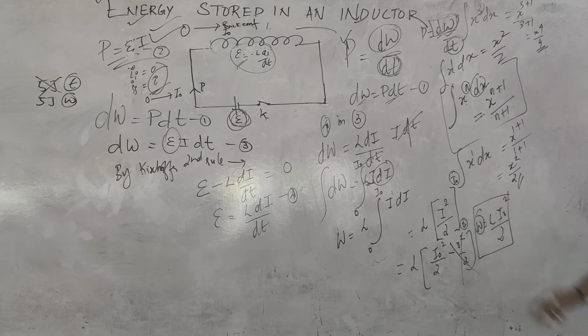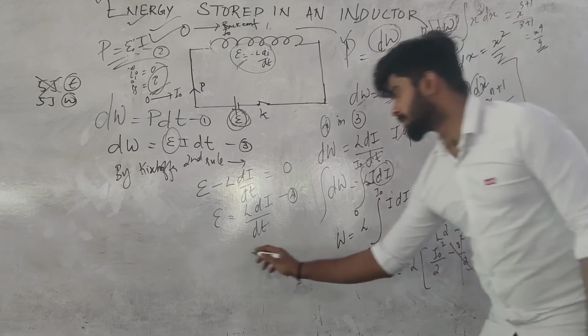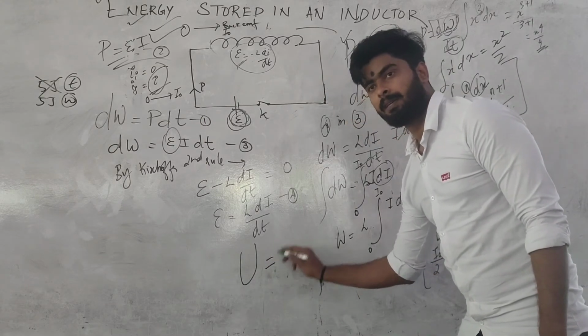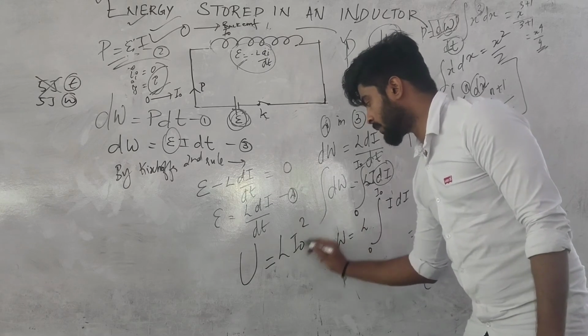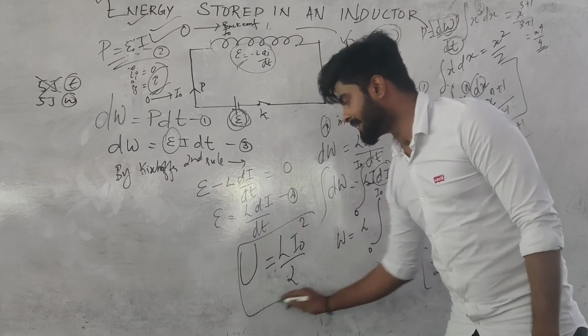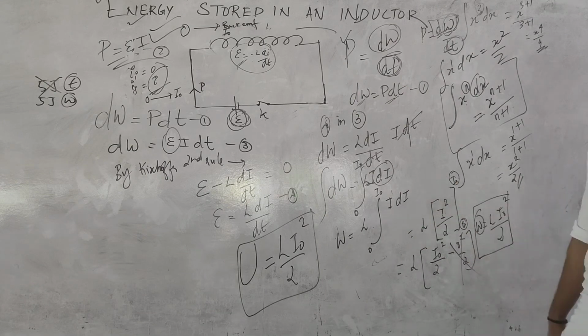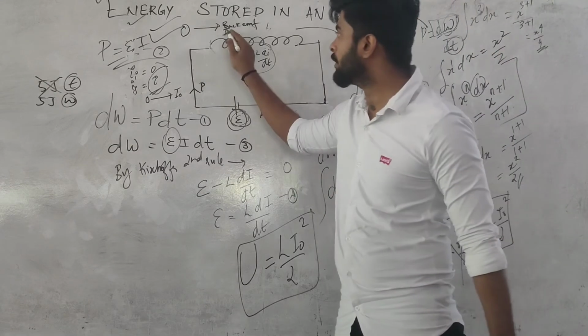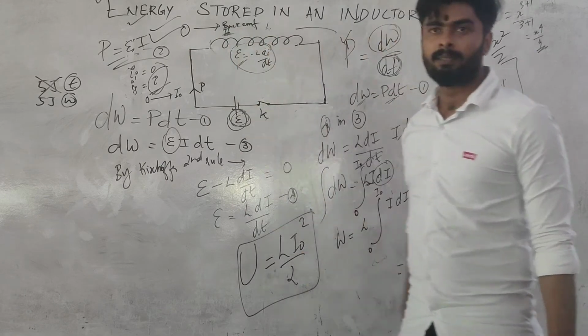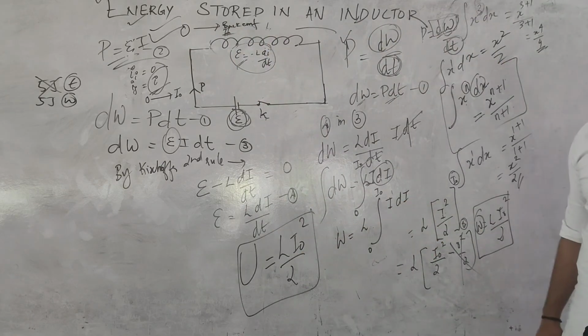And this work will be stored in the form of energy. L I naught square by 2 or Li square by 2. It's not necessary that it should be I naught. It can be I also. You can increase the current from 0 to I. If so, it will be Li square by 2.